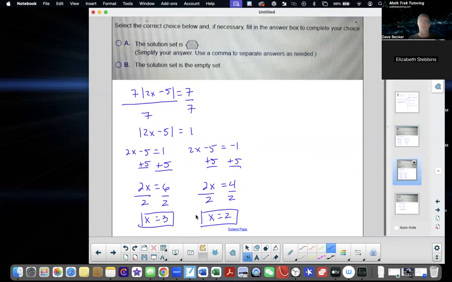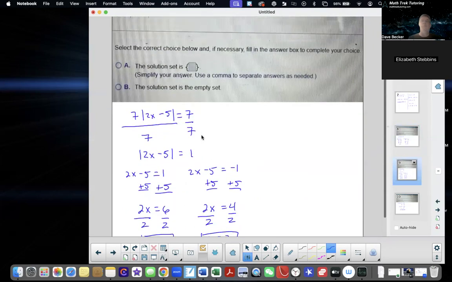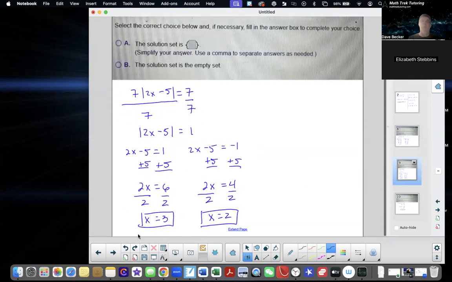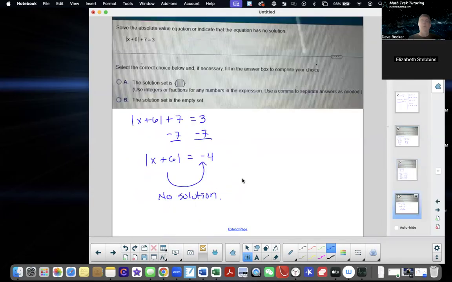Same thing's true here. These are both going to work because if you see a negative, then you can immediately say, oh, there's no solution, then you don't have to check your absolute values. Right. Okay. Does that make sense? Yes.